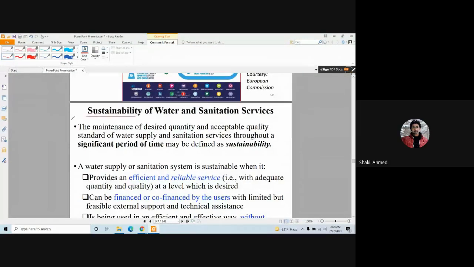So look at this. They are giving the sustainability definition: the maintenance of desired quantity and acceptable quality standard of water supply and sanitation services throughout a significant period of time. That means long lasting may be defined as sustainability.